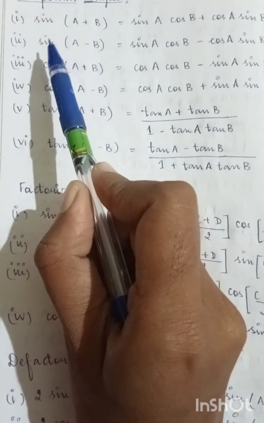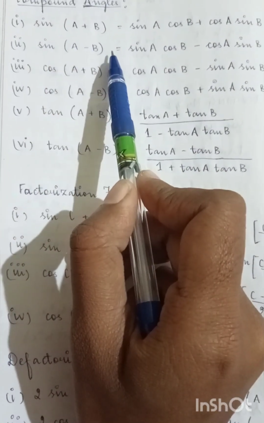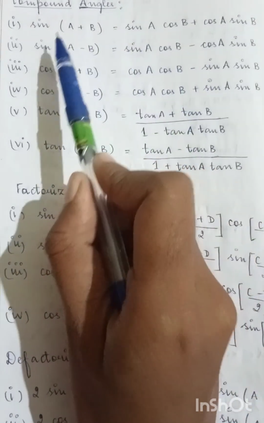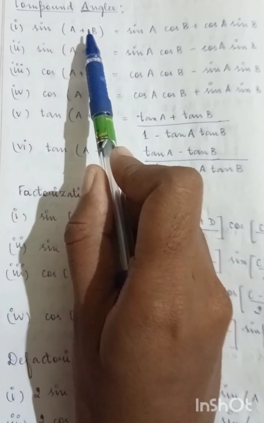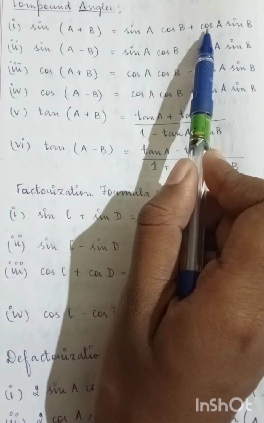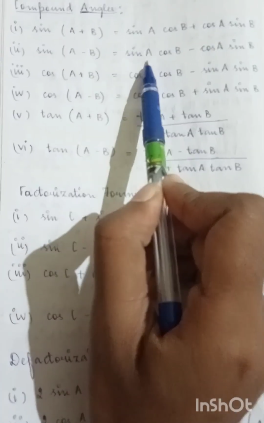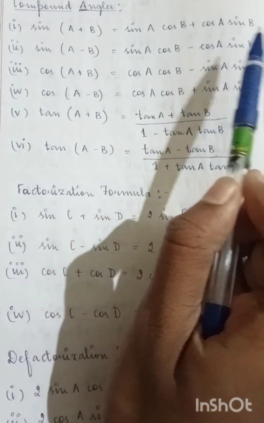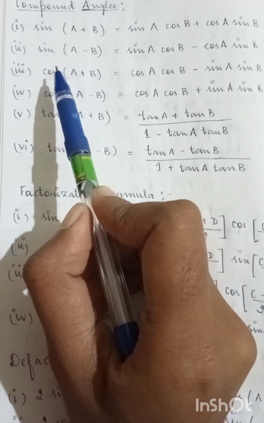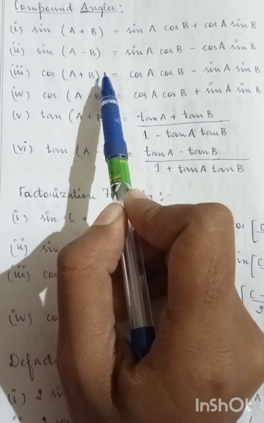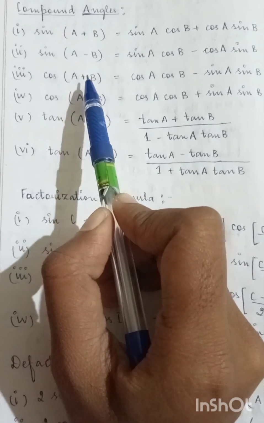Now, next is sine of a minus b. There is nothing change in both these formulas. Just if it is sine of a plus b, it would be sine a cos b plus cos a sine b. If it is sine of a minus b, it would be sine a cos b minus cos a sine b. Similarly, if we consider the third formula, cos of a plus b, I already told you guys that cos is never ready to give.